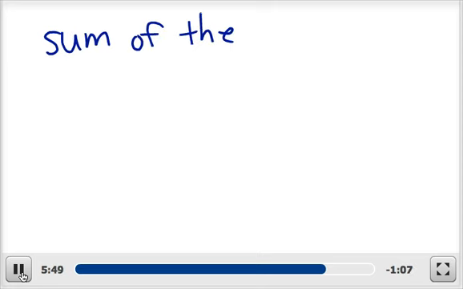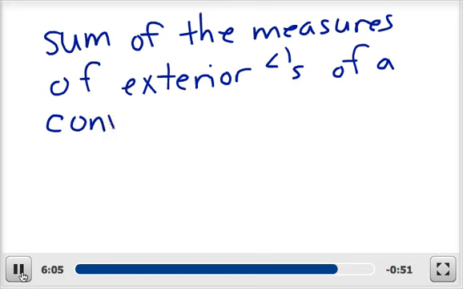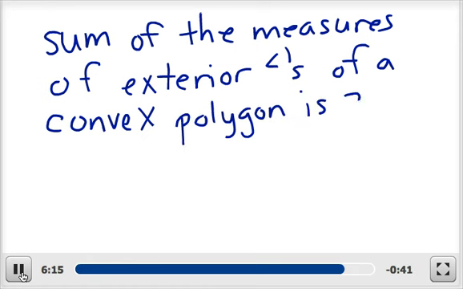Okay, last important fact to know. The sum of the measures of exterior angles, remember those are the ones that are adjacent to the interior angles, of a convex polygon, and again that means it hasn't been bashed in, is 360 degrees.